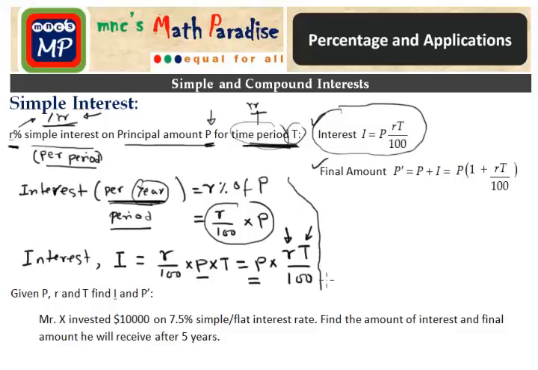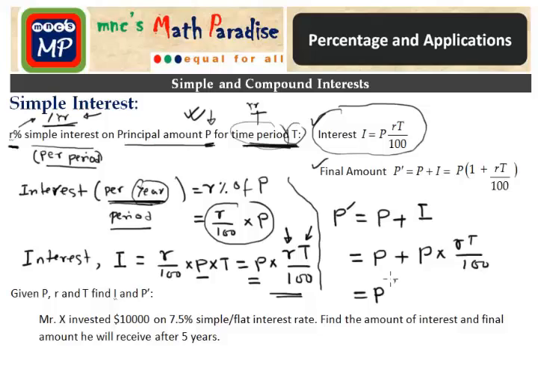Now if this is the interest amount and this is the principal amount, then the final amount after T years or T time period, the final amount P prime, will be the initial amount, that is the principal amount, initial investment, plus the interest obtained. So this will be P plus P times RT divided by 100.